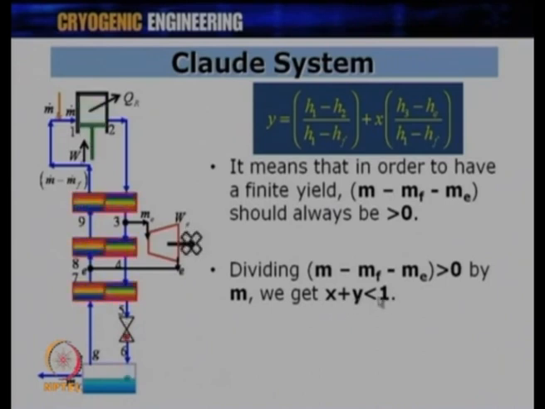If your x plus y is less than 1, all these things are possible, and this expression of y equal to this bracket plus x times this bracket is valid only when x plus y is less than 1. When x plus y is equal to 1, that means there is no return stream basically. Whatever x has been directed and the remaining y is equal to 1, then I will not get any return stream at this point. So, one should ensure that x plus y is always less than 1.